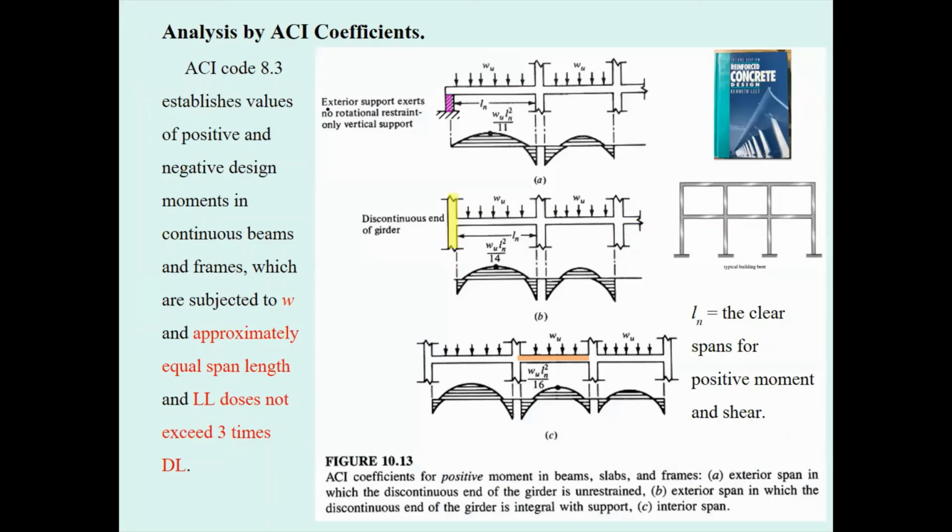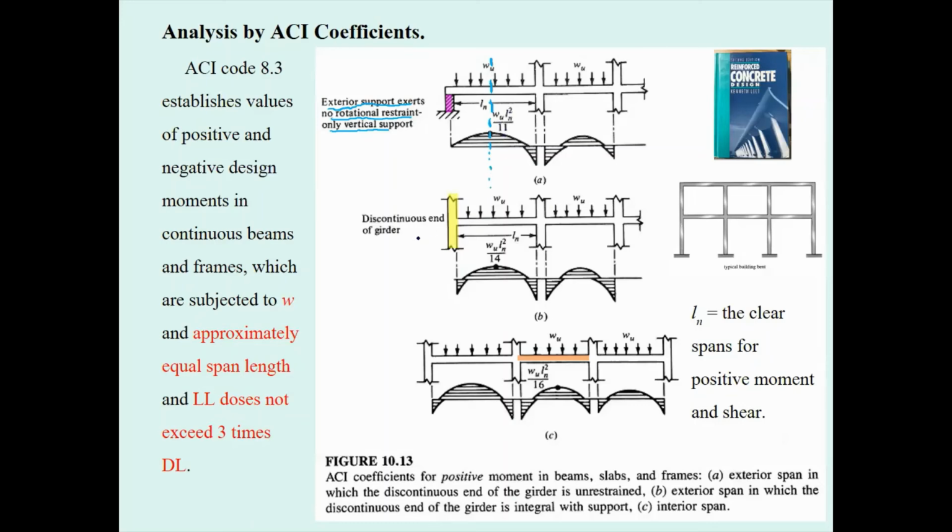If the exterior support has no resistance to rotation, or you may have just a beam that's put on the wall, not cast together, just a beam put on the wall, the moment that you can estimate at the middle can be WL square over 12.